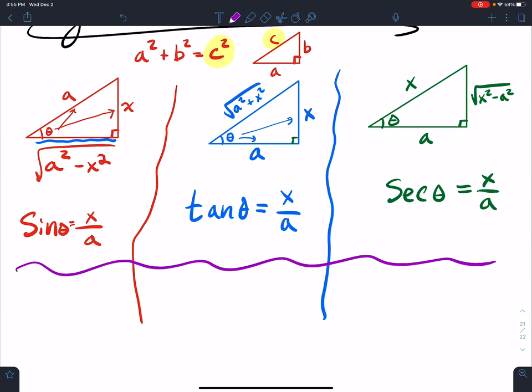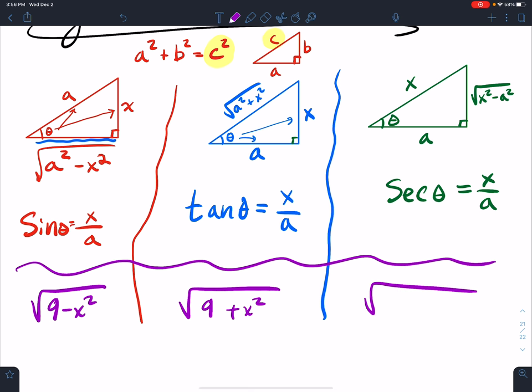So if I've got the 9 minus x squared, what do I use? That sine theta thing going on there. If I've got the square root of 9 plus x squared, I use the tangent scenario. And this one here, if I've got like x squared minus 9, I use that secant scenario.